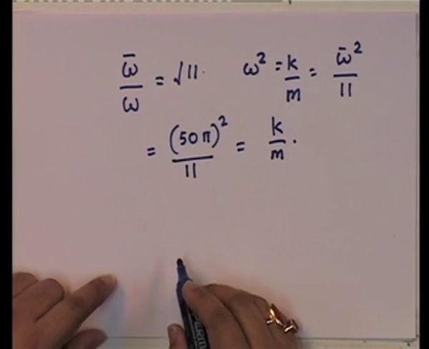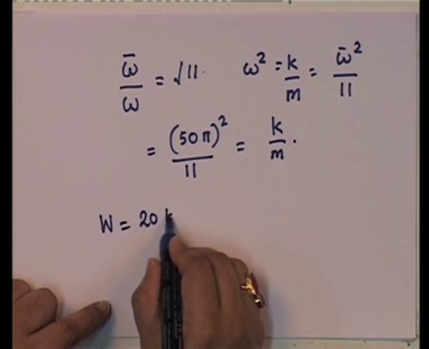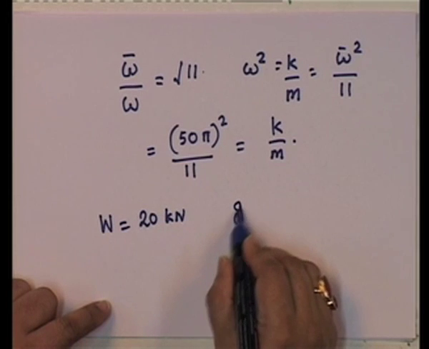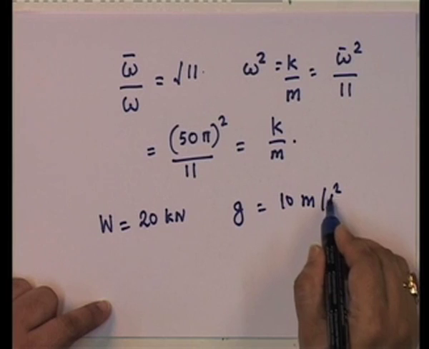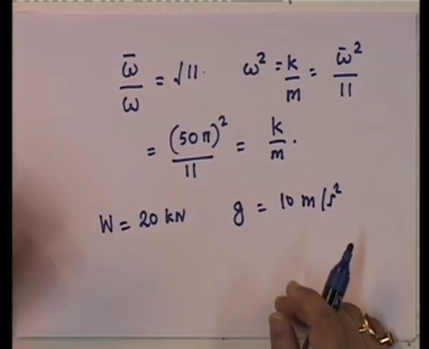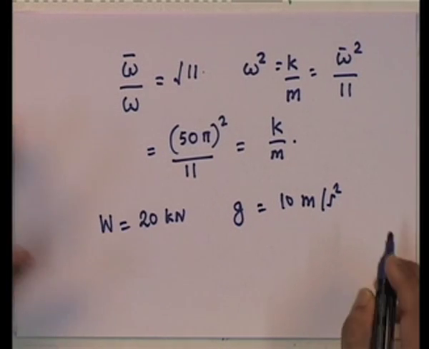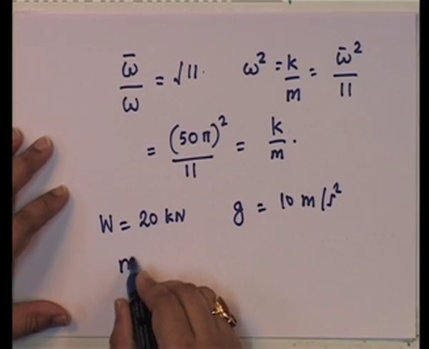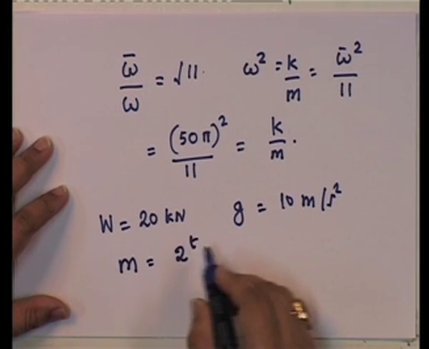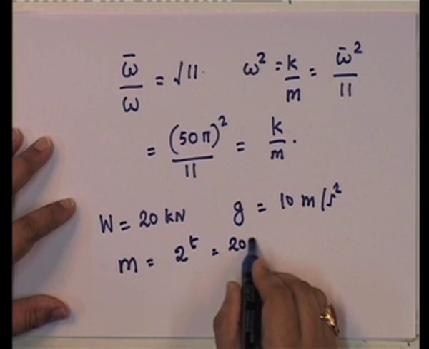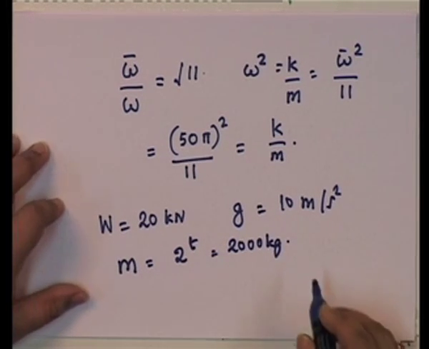Now, what is m? We have been given the weight as 20 kilonewtons. I normally take g as 10 meters per second squared; it is actually 9.81, but for our practical purposes I can take it as 10. It just makes life simpler. Mass then is equal to 2 tons or 2000 kg.